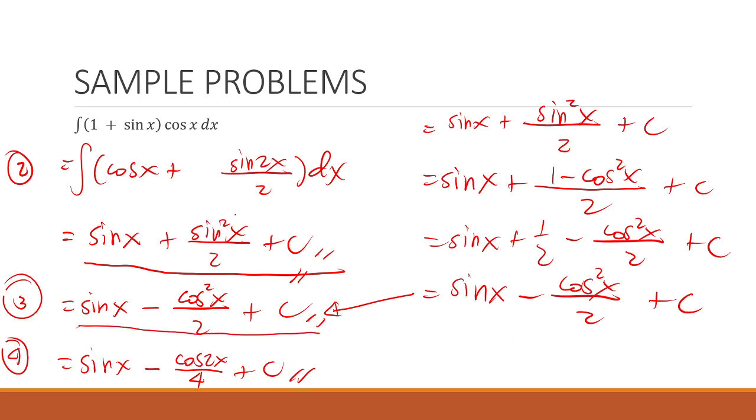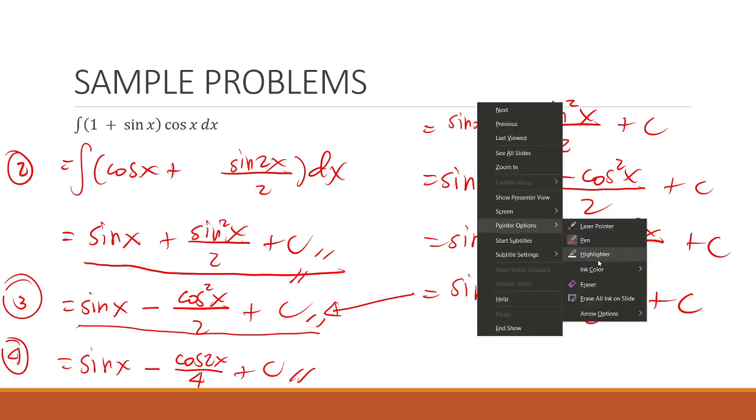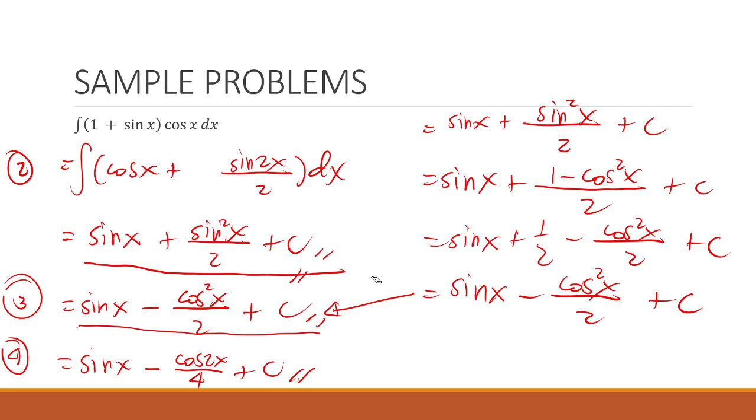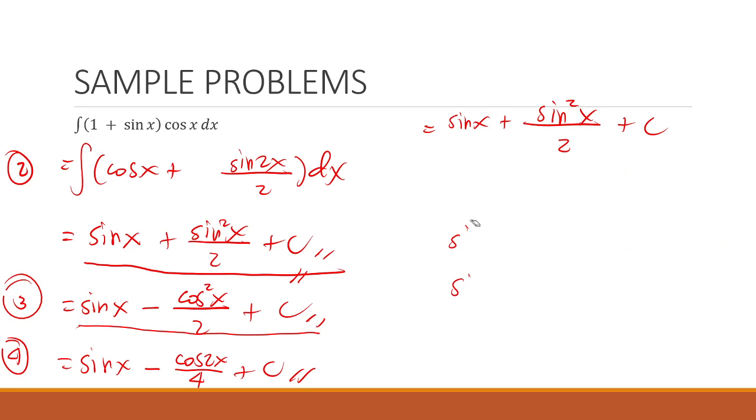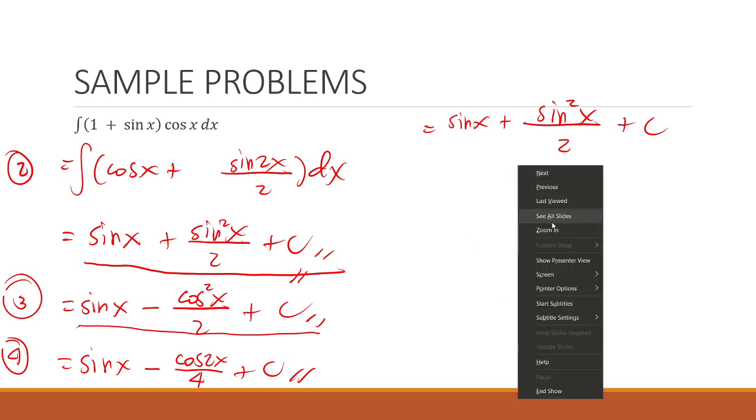We can still use itong sa second na integral. So, erase na ako. We can still start with itong sine x plus sine squared x over 2 plus c. Pero instead of Pythagorean identity, we'll use, tawag nito, double angle identity ng cosine.